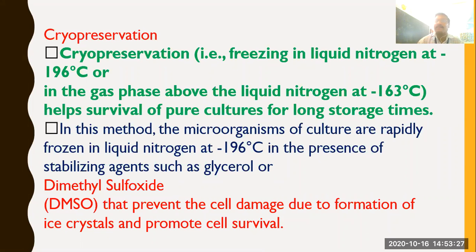But you have to add certain stabilizers. We call them stabilizing agents, and the most popular agent is glycerin, or glycerol. Nowadays, rather than glycerol, we are using the inert material DMSO, dimethyl sulfoxide, that prevents cell damage due to the formation of ice crystals and promotes cell survival for a longer period of time.